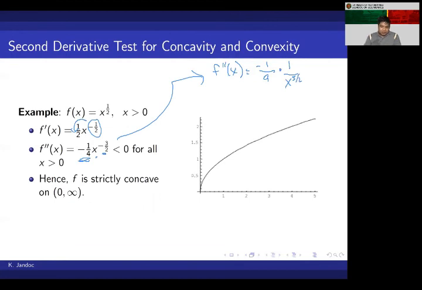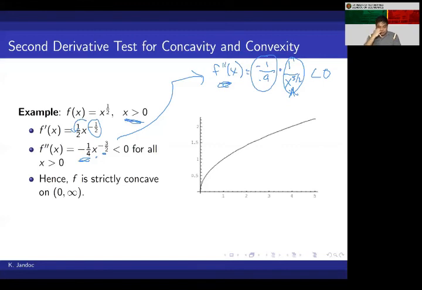So for every value of x that's positive in this domain, this one is always positive. Therefore, the sign of the second derivative depends on the negative 1/4. So it's always negative, because this part over here is always positive. You multiply a positive by a negative number, therefore this whole expression is negative. And this is true for all values of x that's greater than 0.